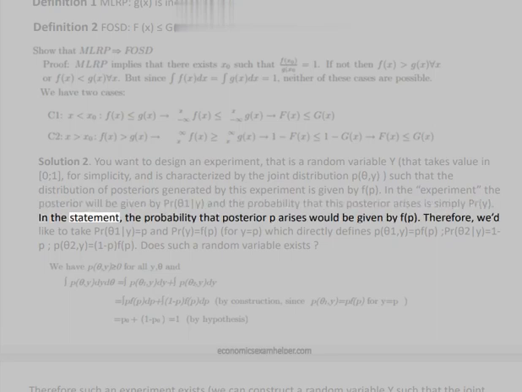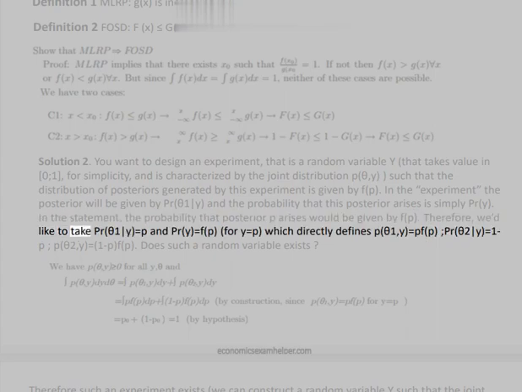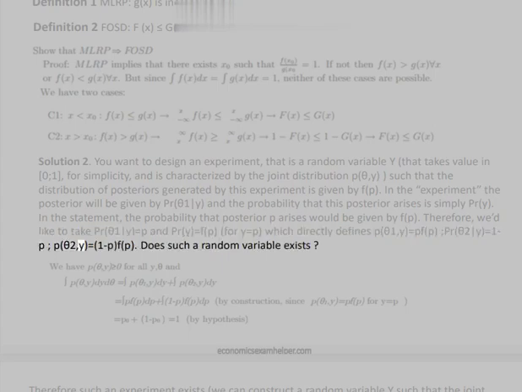In the statement, the probability that posterior p arises would be given by f(p). Therefore, we'd like to take Pr(θ=1 | y) equals p and Pr(y) equals f(p) for y equals p, which directly defines p(θ1, y) equals p f(p) and p(θ2, y) equals (1 − p) f(p). Does such a random variable exist?